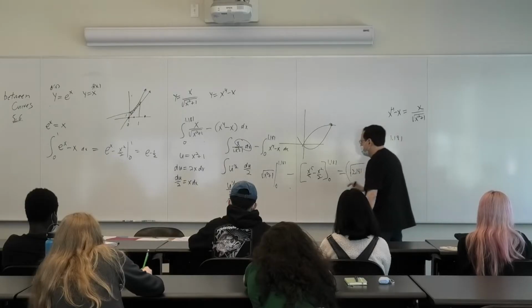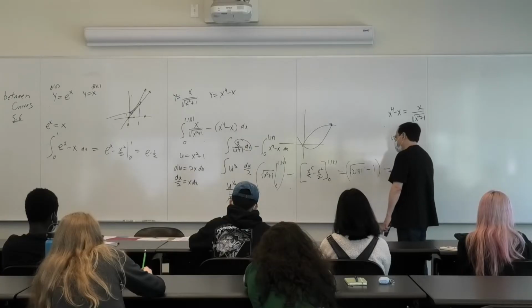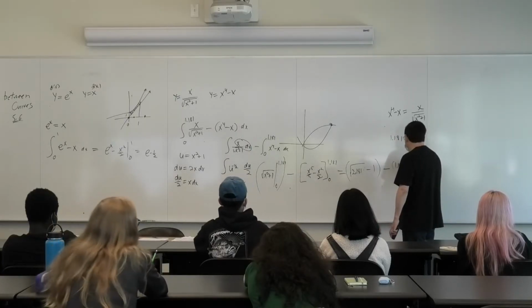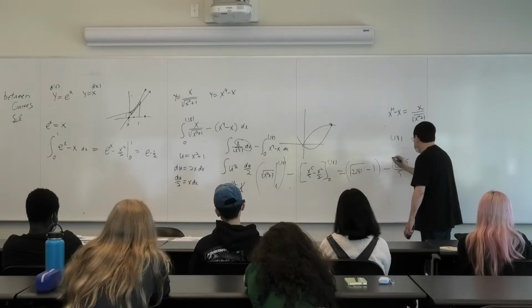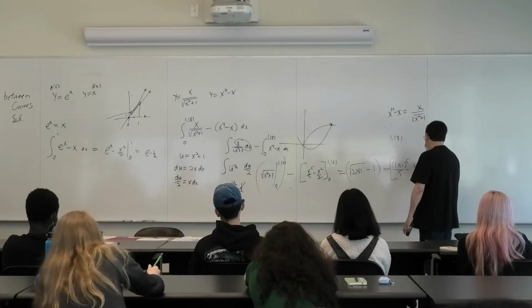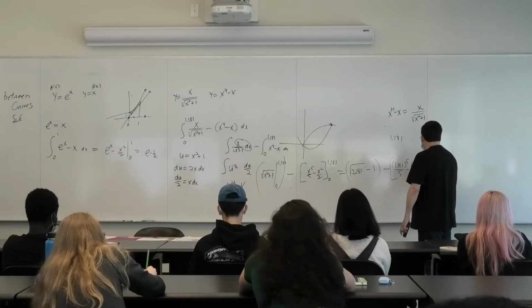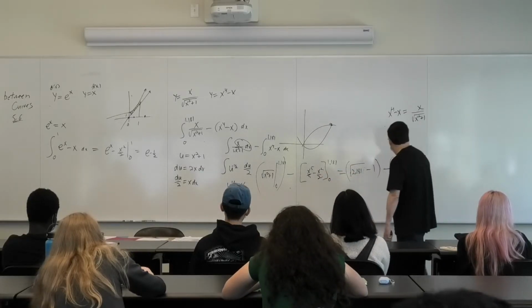That's our first piece here. And then we have to subtract 1.181 to the 5th over 5 minus 1.181 squared over 2, and the rest is 0.